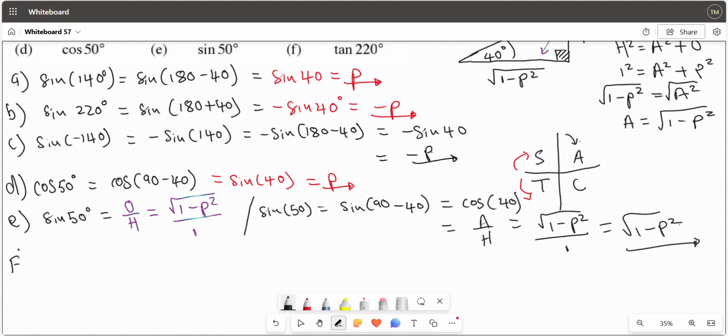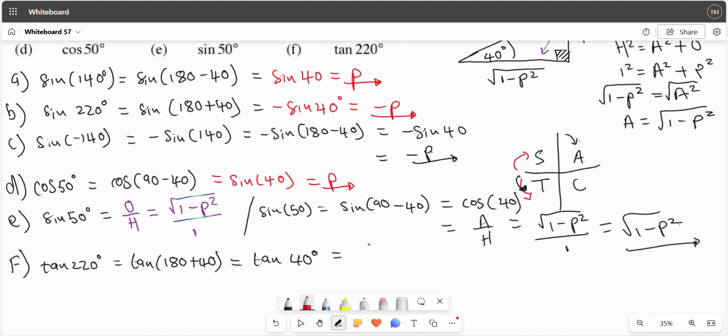Then let's do the last one. The last one is asking us, what is tan 220? Again, we need to do some reduction there. That is tan of 180 plus 40. Which quadrant does that put me in? It puts me into this quadrant where tan is already positive, and so this stays as a tan 40. And tan, remember, is O over A, opposite over adjacent.